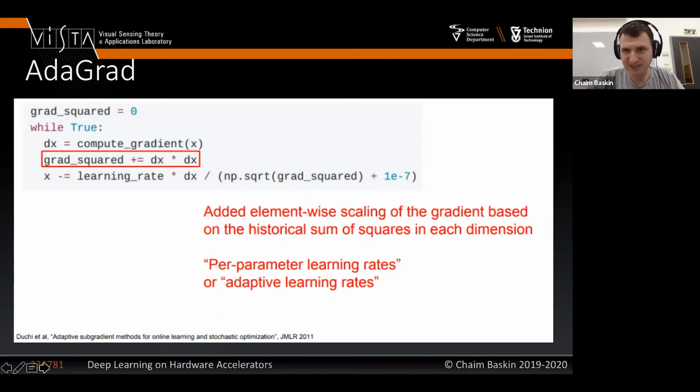The algorithms that we'll talk about from now on calculate the gradients, and the learning rate depends on the magnitude of the actual gradients across our network. It means that for different layers, we will have different learning rates.